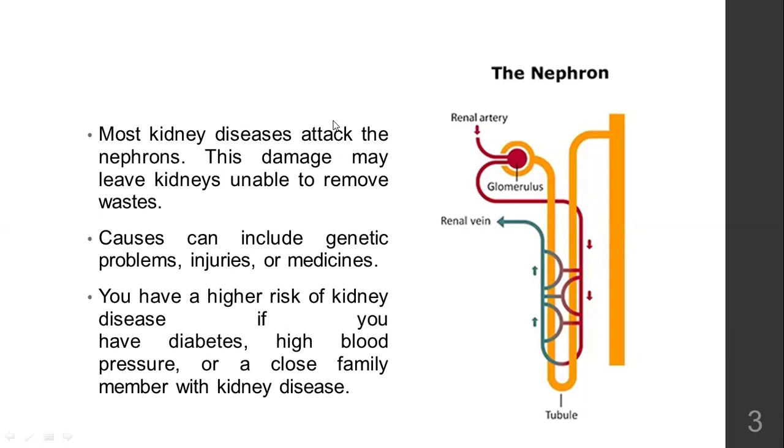This damage could be through genetic problems, autoimmune disorders, or traumatic injuries, like a gunshot wound or stab wound to your kidneys. Overdosing or the toxicity of certain medications can also damage your nephron, because the main filtering activity is taking place in your nephron.